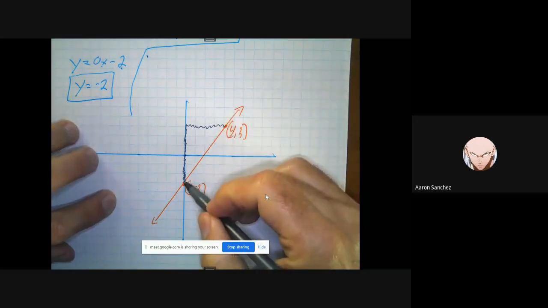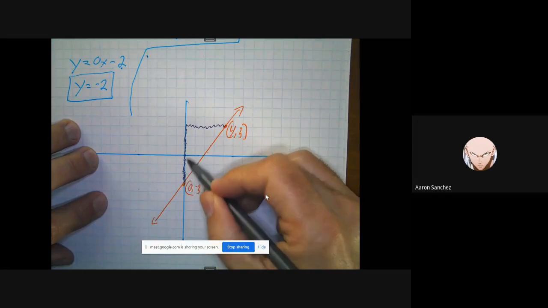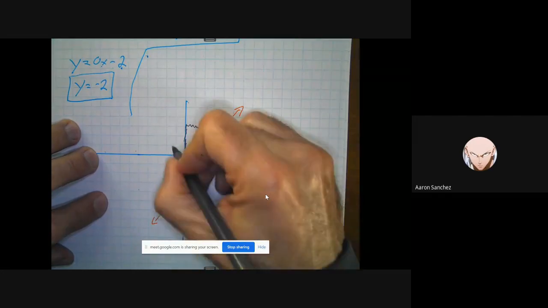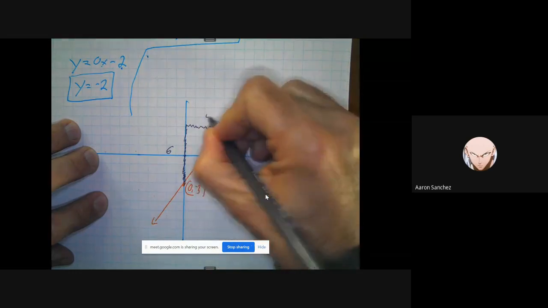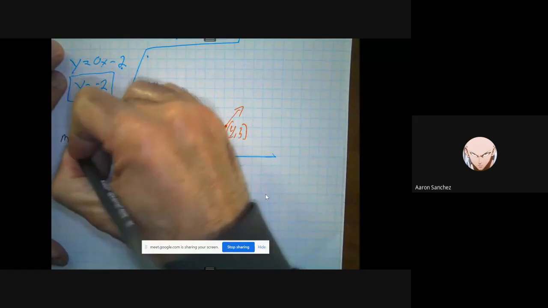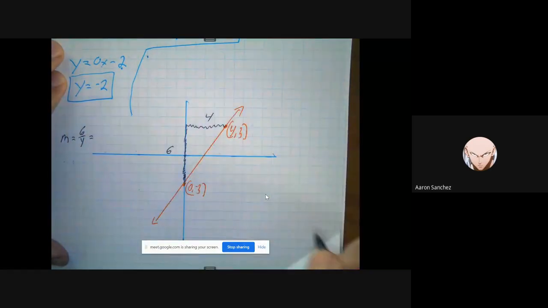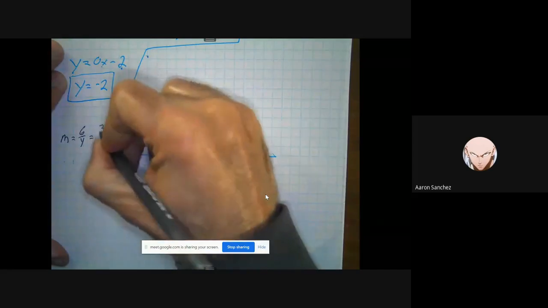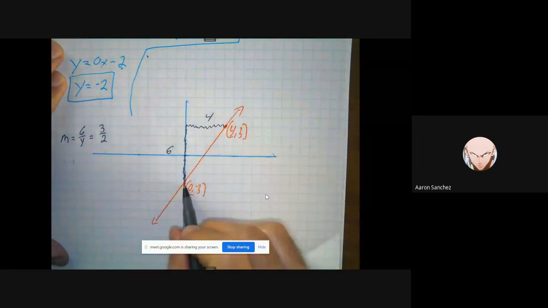So Andy said the rise, you count the squares to figure out how high it's going. 1, 2, 3, 4, 5, 6. And then the run is 1, 2, 3, 4. That's the slope, right? Now the slope is 6 over 4, which they're both divisible by 2. So it can be 3 over 2. And it's positive because it's going up. The y-intercept is where it's crossing the y-axis at -3.